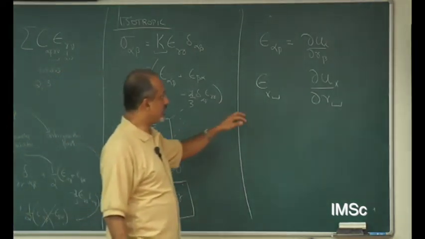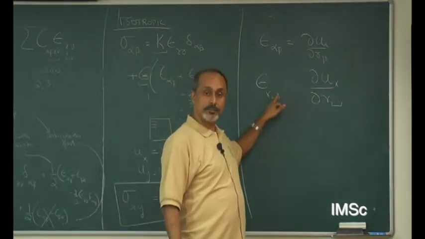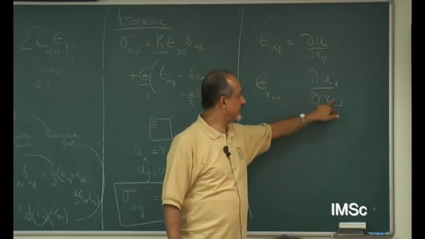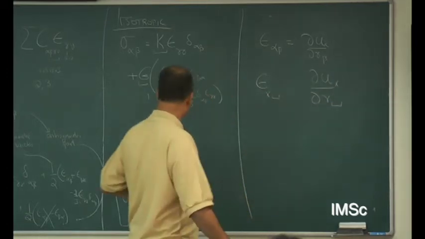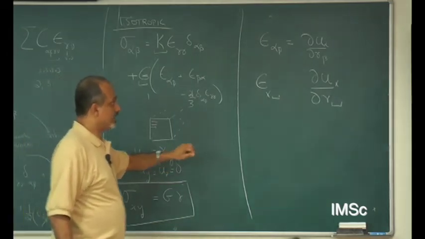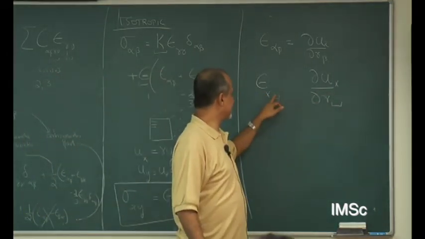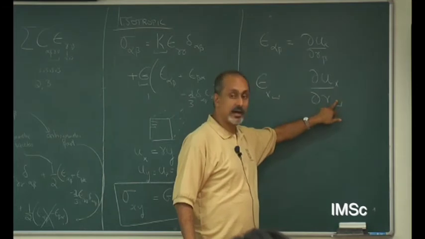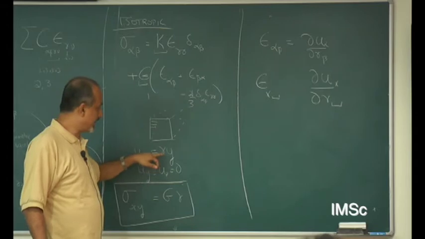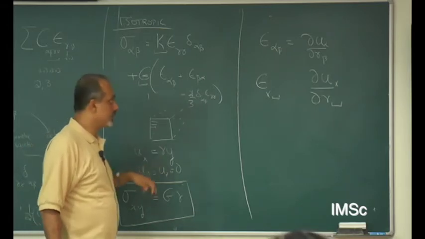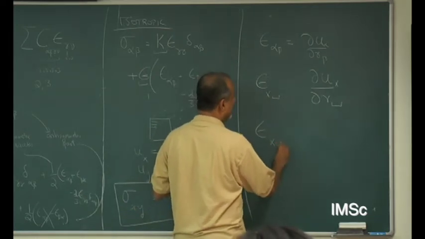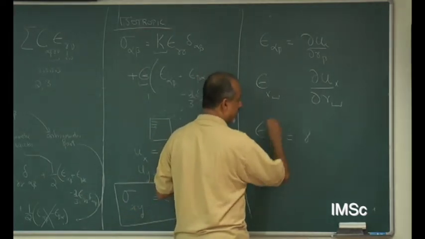So this little block here can be either x, y, or z. If it's x here, that is delta ux by delta r x, but that is of course 0, because this depends only upon y, it doesn't depend upon x. So I can put a y here and a y here, that is epsilon xy is delta ux by delta r y. But that works, because that pulls out a factor of gamma here. And for z again I get 0. So epsilon xy is gamma.